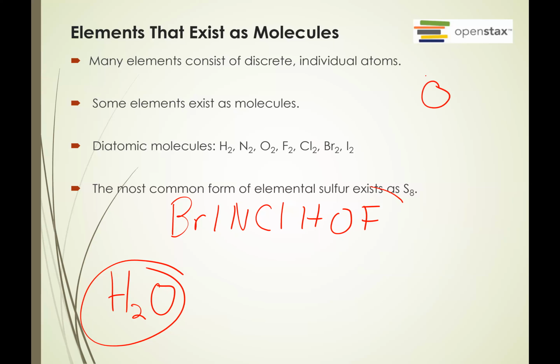Is oxygen by itself? Yep, so it does need a 2. These are diatomics when they're by themselves. If they're with someone else, it doesn't come into play, only when they're by themselves. That's going to be really important in the next chapter we're going to be doing. Okay, so that is the end of that chapter.